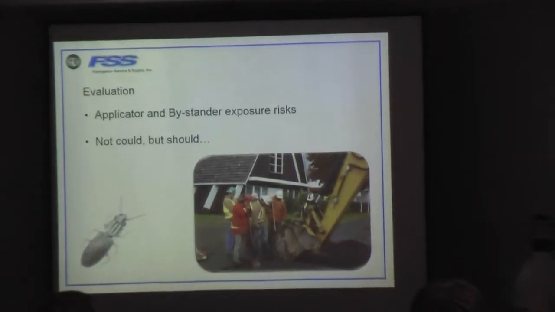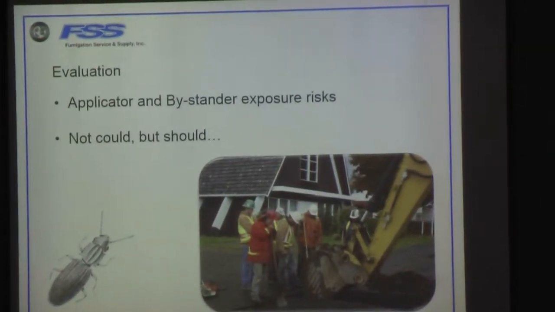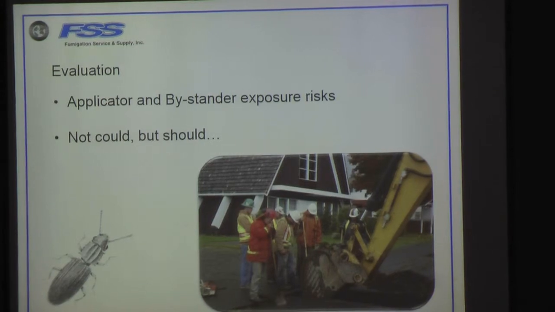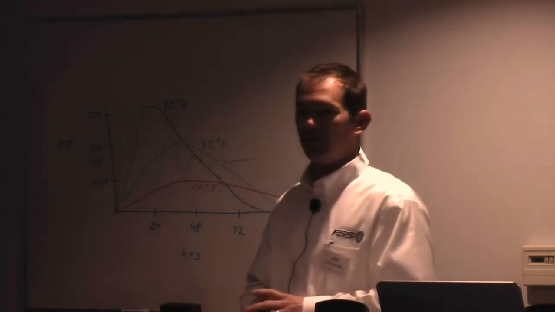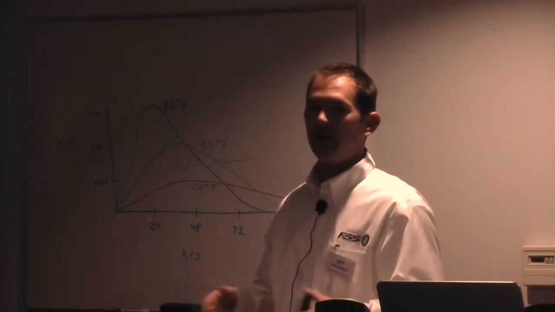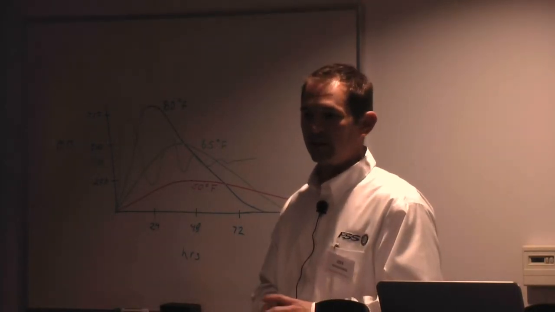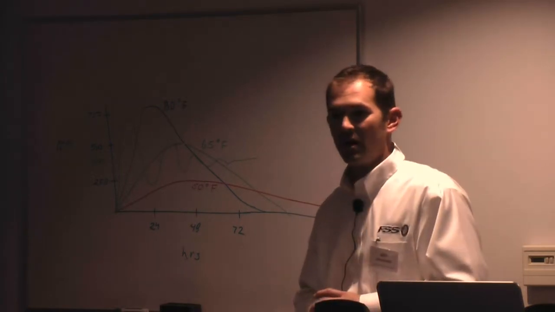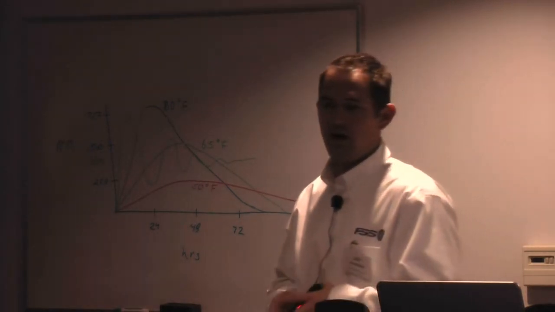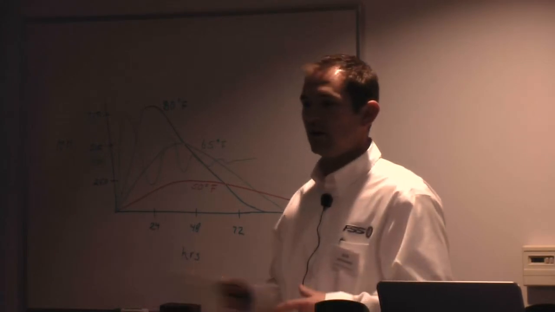Also the applicator and bystander exposure risks. Something we're looking at on the fumigation side is we have the capability to introduce fumigants from outside the structure with pressurized cylinderized gases. So if it is the right fit, both economically and from a safety perspective, that's certainly the avenue we'll go as far as the applicator. For the bystander, we have to take a look at the facility.